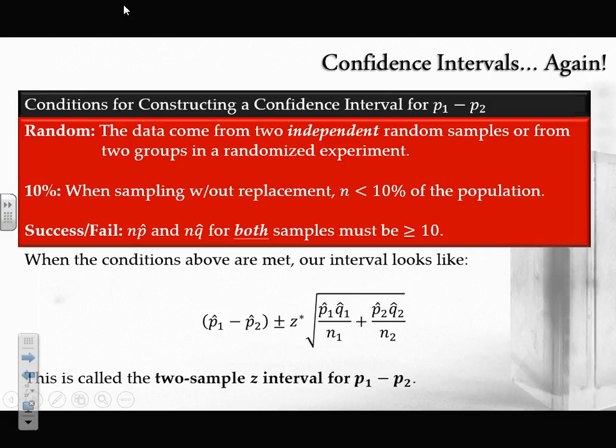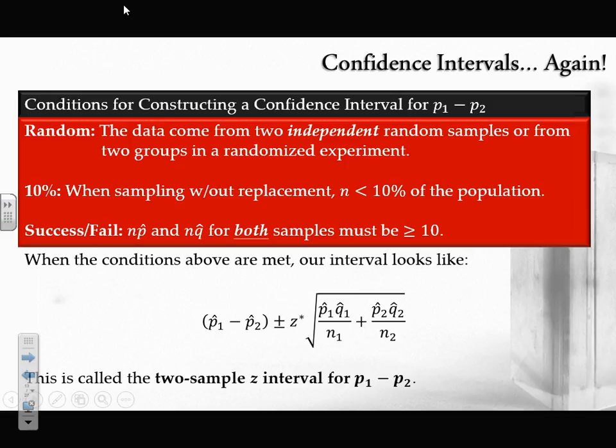Area is the confidence level plus whatever's left in one tail. So if you're plugging in for 95%, for instance, you would have 95 plus 2.5 in each tail, so you'd actually type in 97.5 for the area. Okay? So make sure you're able to do that based on any confidence level.